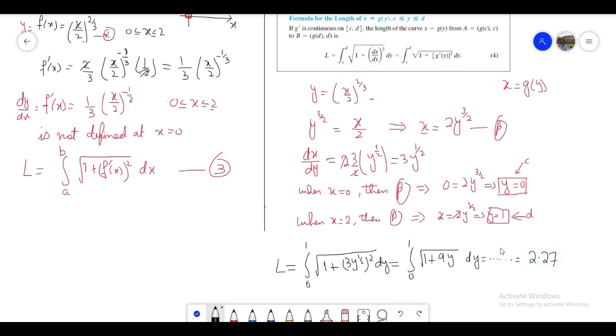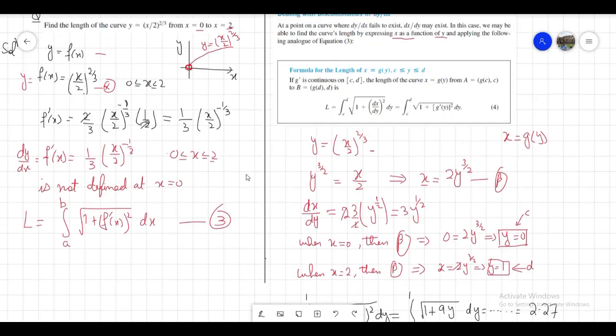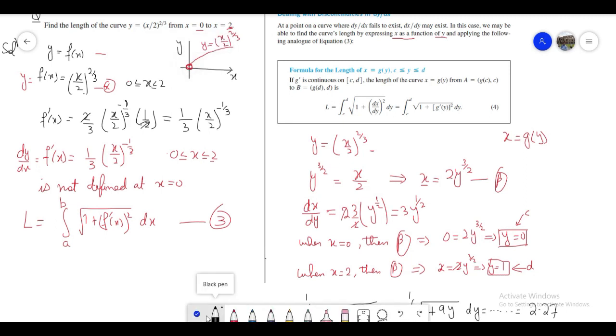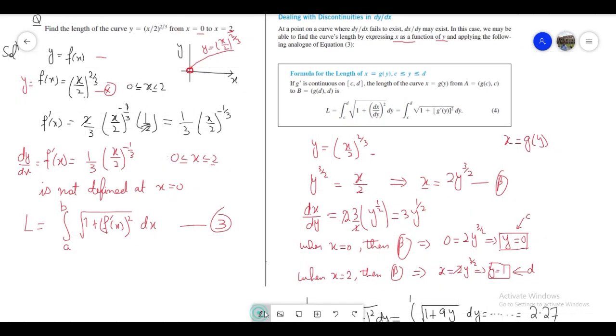2.27. So the length of the curve, basically it was initially from 0 to 2, and this point was up to 2. This was the x, but we have transformed in terms of y from 0 to 1.